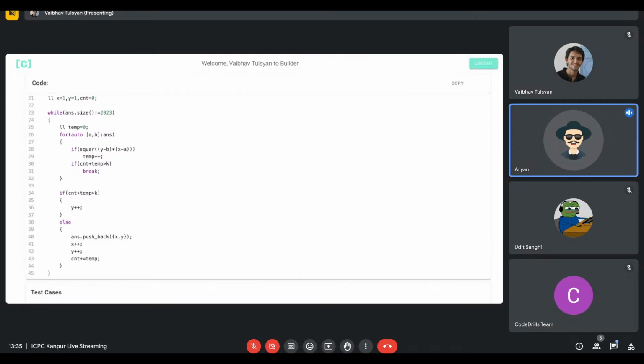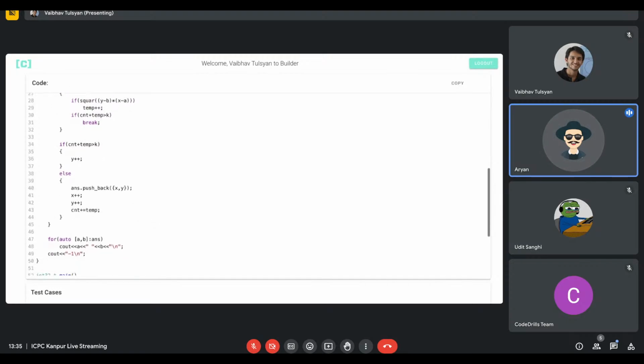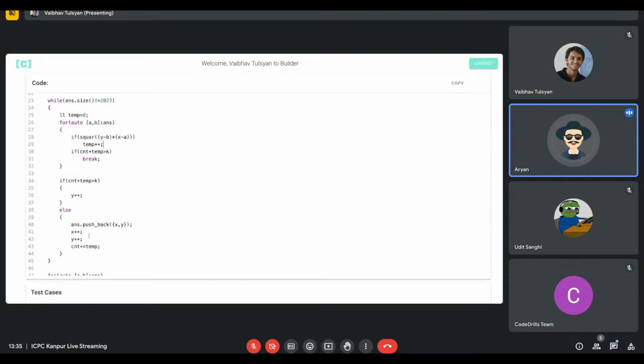If it's greater than count plus temp, they break, otherwise continue. If the count is greater, they add y to it, otherwise they push back the current answer x comma y and count to the temp.